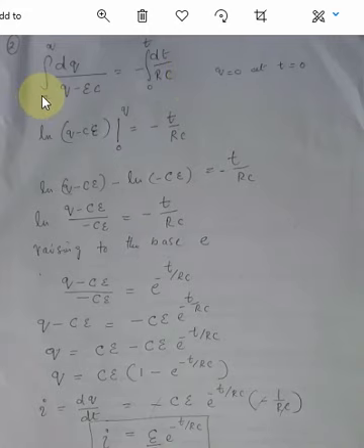It means that at T equal to 0, the charge on the capacitor was 0, and at any later time T, the charge was built up to the value Q. So when you integrate the left hand side, this becomes the natural log of this denominator, because in the numerator we have the differential of the denominator dq. So this will become log of this Q minus EC. The limits are from 0 to Q.